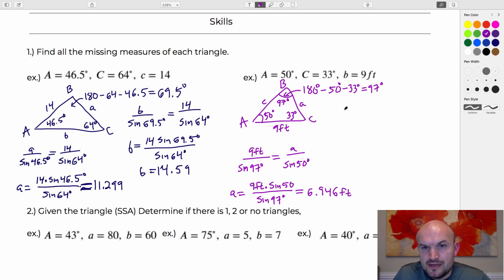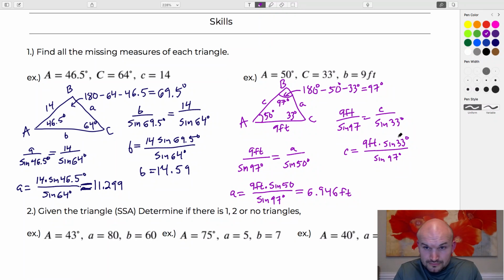All right, the next example is going to be C. So let's do the same setup again. 9 feet is to the sine of 97 is equal to C over the sine of 33 degrees. Then C equals 9 times the sine of 33 degrees all over the sine of 97 degrees.